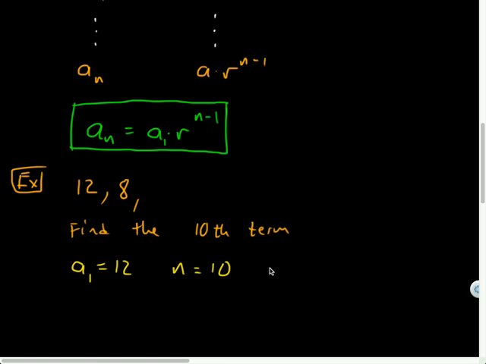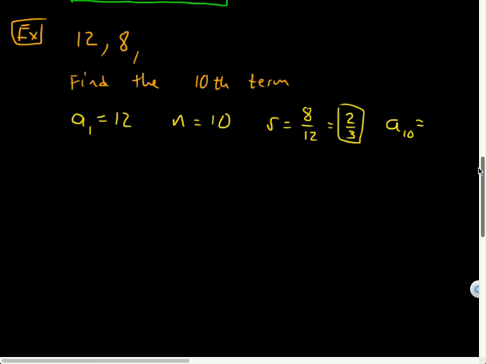How would I find r? 8 divided by 12, which is 2/3. So there's my r value. And I don't know what a sub 10 is yet. But labeling what I know is something I could give you partial credit for if you make a mistake.